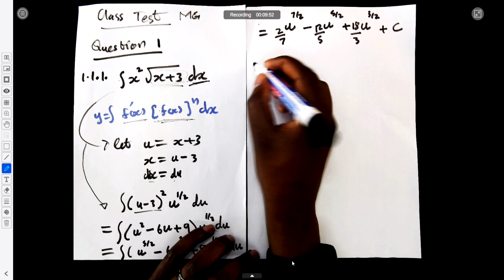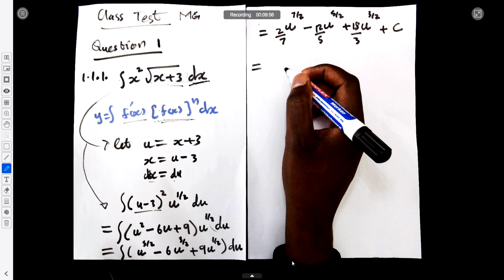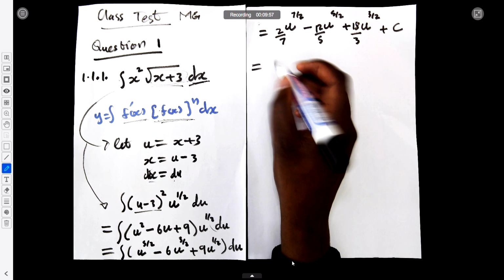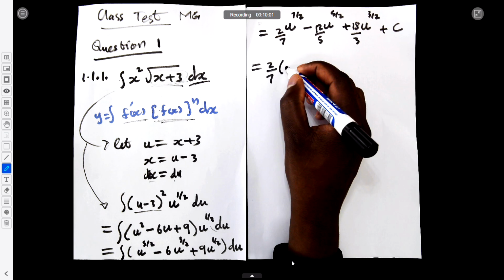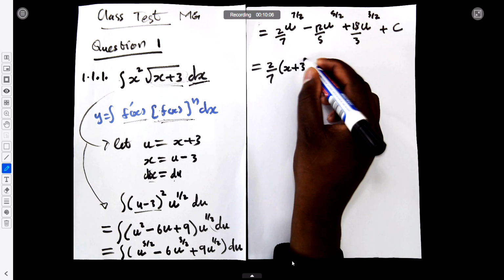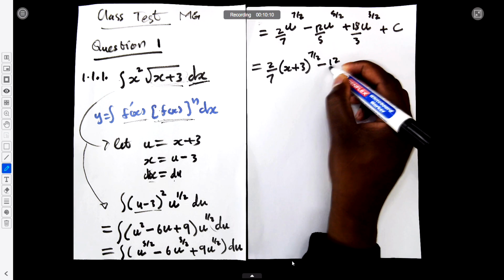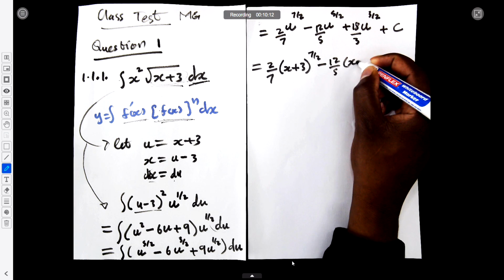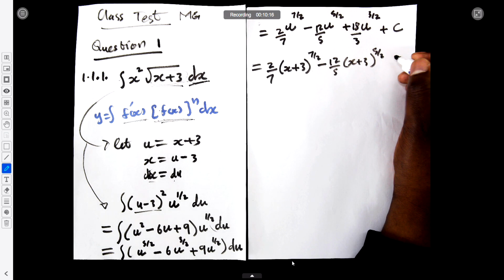Then we need to substitute back the functions that we integrated with. We replaced in terms of u, now we need to take the function back to be in terms of x. So we know that u is equal to x plus 3, all to the power of 7 over 2, minus 12 over 5 times x plus 3, all to the power of 5 over 2.